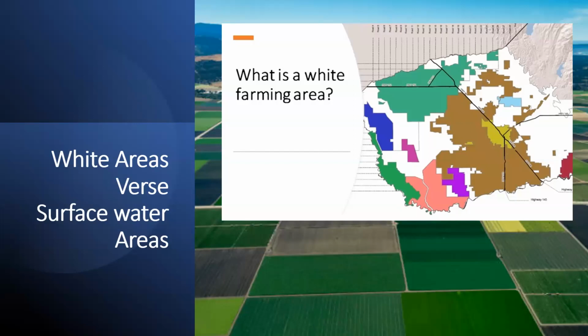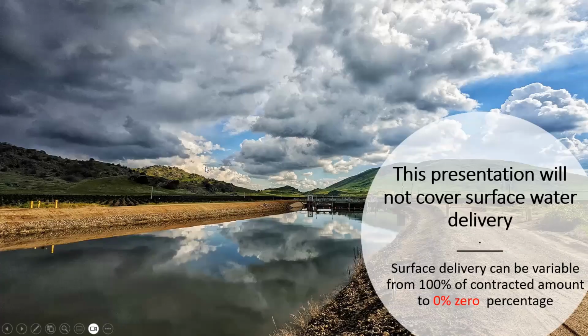That means they have canal water or some type of piping water to the farm to be able to irrigate the crops, or in the case of cities, water systems within the cities. White areas rely strictly on groundwater pumping. They're called white areas because that's what's left over on the map. They're all white. So that's how we get a difference.